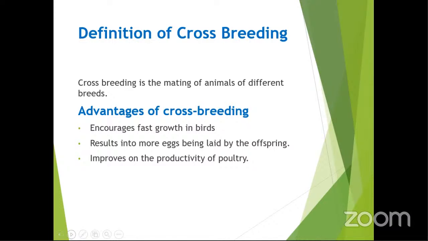And then we went on to talk about the groups of breeds of chicken. We said these ones are two, where we talked about local breeds and then exotic breeds. I also went on to explain that these exotic breeds can either be grouped as heavy breeds or light breeds, as simple as that.